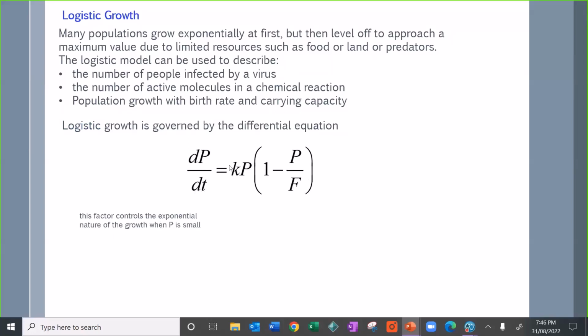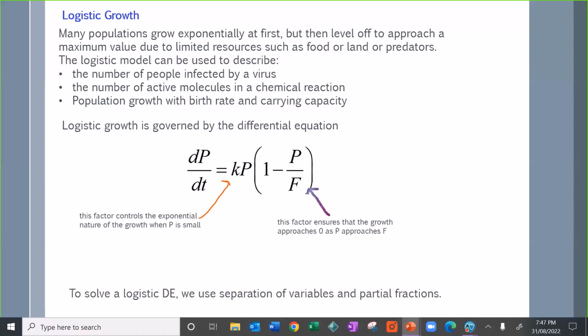When P is small, this is the main factor affecting the shape of the curve. But when P is approaching F, of course, the growth, as we see on the S logistic curve, slows down, and this factor actually ensures that the growth approaches zero as the population approaches the carrying capacity.